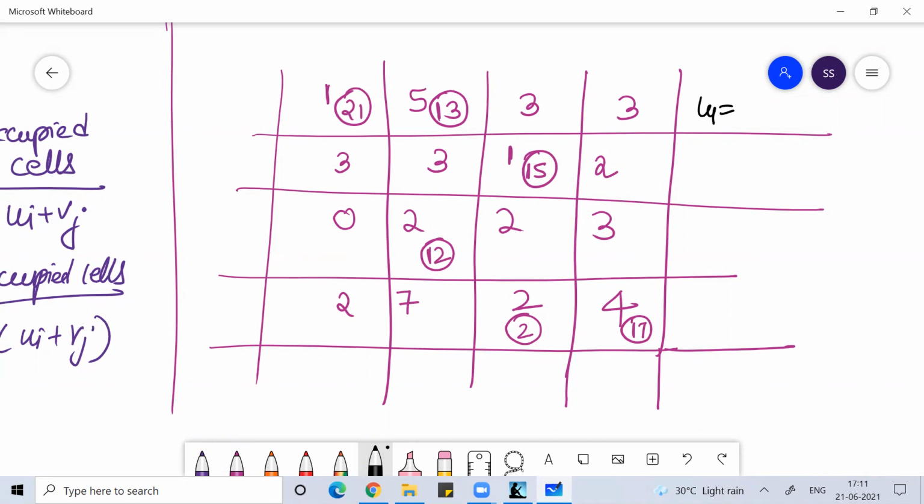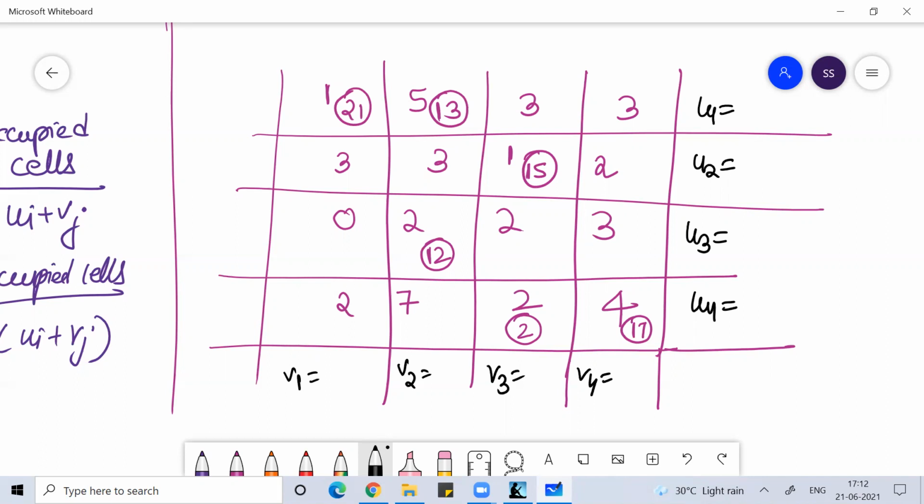So you will get U1, U2, U3, U4, then V1, V2, V3, V4. For the allocation we did, I know that this is not an optimal, non-degenerate allocation.